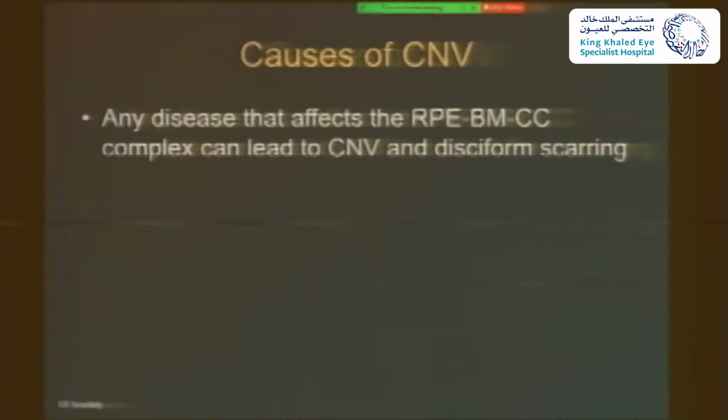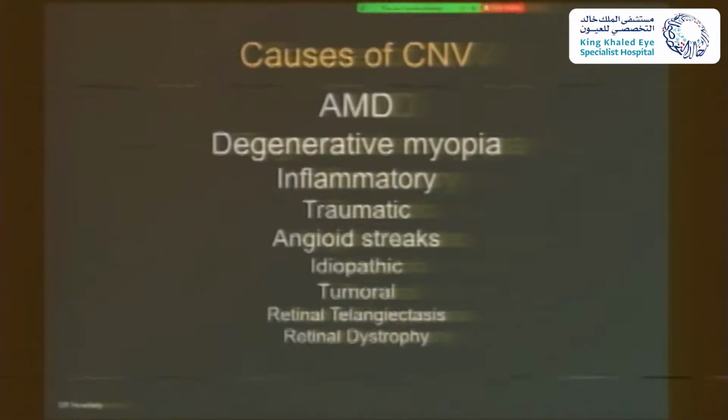And as I said before, any disease that affects or disturbs the retinal function at the level of the RPE, the Bruch's membrane, or the choriocapillaries can lead to CNV and scarring. And what are the causes? Here they are. By and large, AMD is the largest cause of CNV, but also degenerative myopia, which is present here.